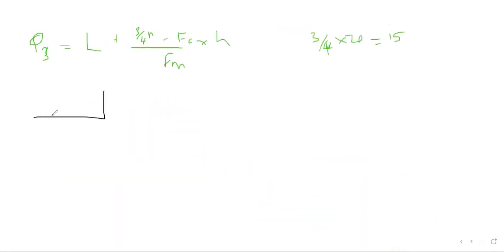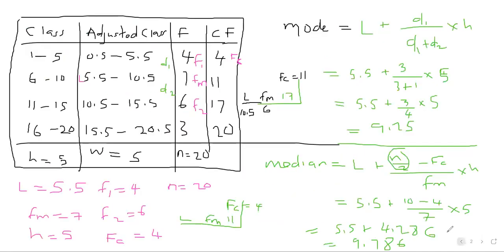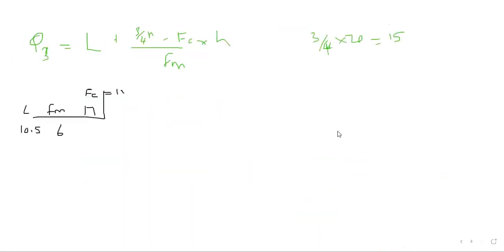So 17 here, we have what? L is 10.5, and 6 here is our FM. Then our FC was what? 11, right? 11, yes, 11, 6, 10.5. So when we substitute in there, we're going to have 10.5 plus 3/4 of n, that was 15, minus 11 over FM, which is 6, times the height, of course, which is 5.